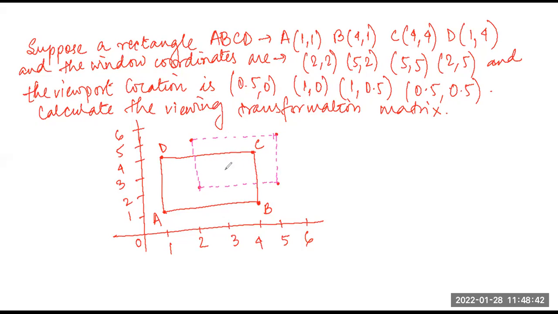Now, if you remember yesterday's class, what was the first basic translation we did? Anyone? Given any object and any window, what was the first step we did? We translated this corner of the window to where? To origin.